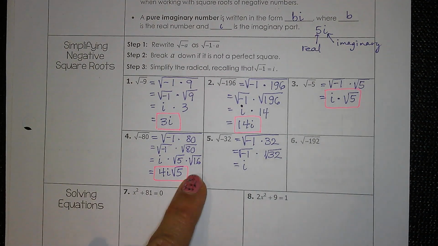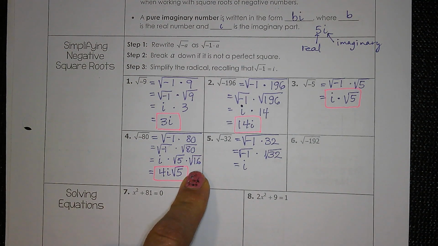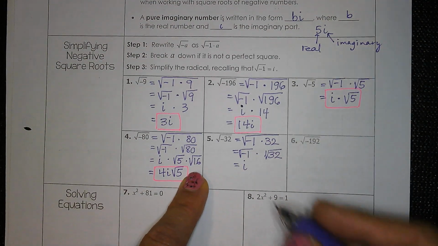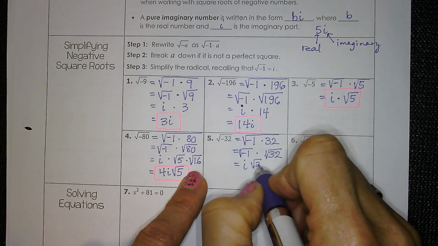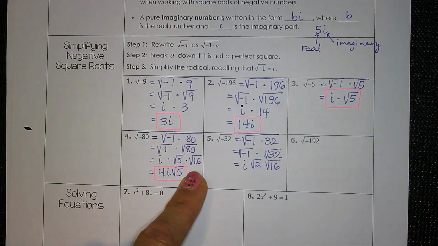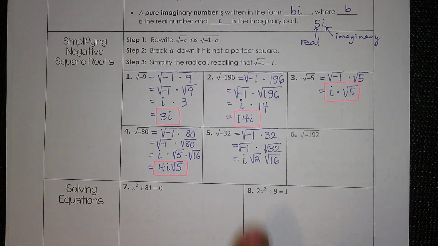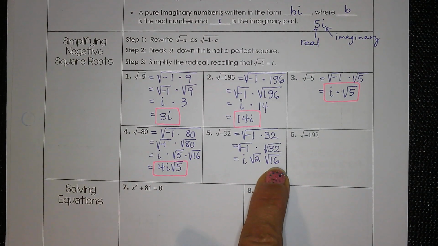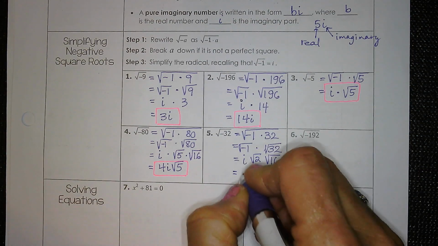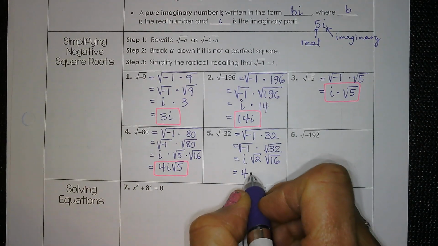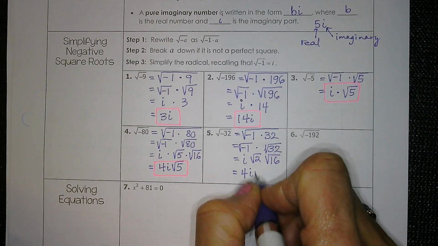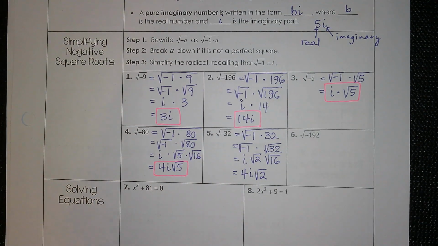You may look here for some inspiration. What's the biggest square root you can take? Yeah, 16. Good. So this is going to be root 2 times 16. And we can now simplify it as, what is root 16? 4. So this is 4 times i times root 2.